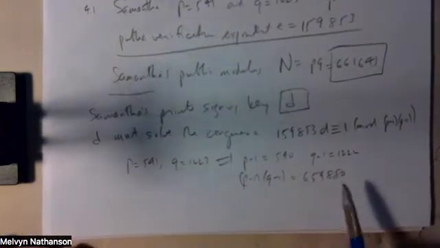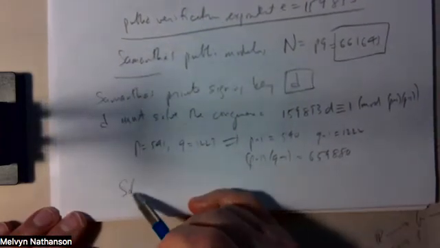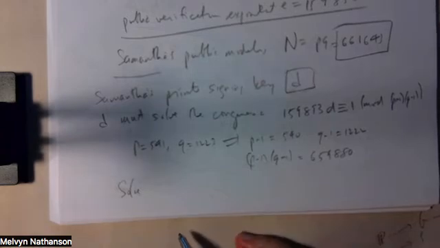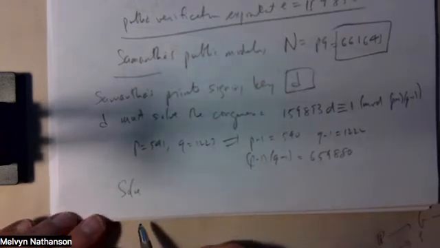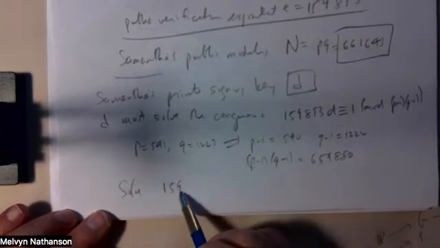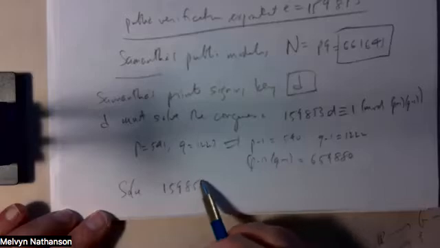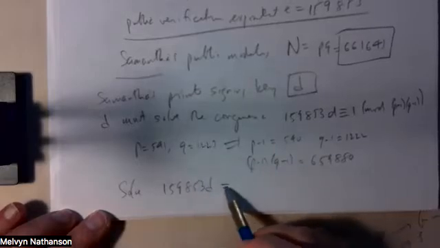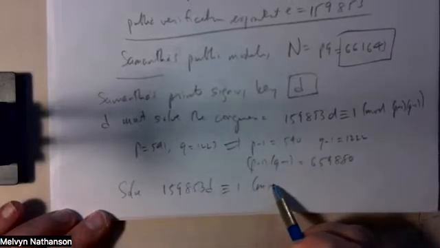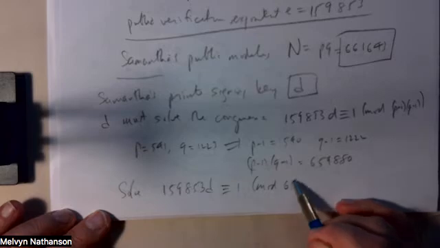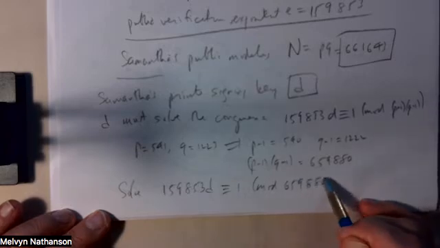So you now have to solve the congruence 159853 D congruent to 1 modulo 659,880.